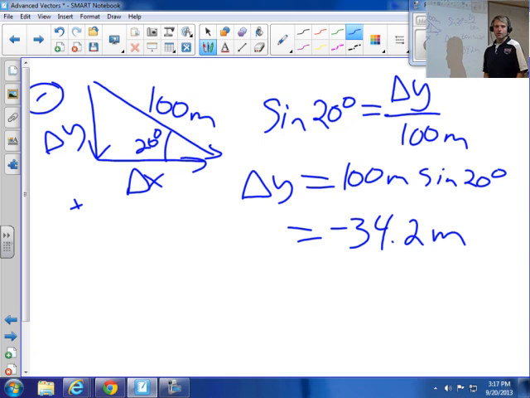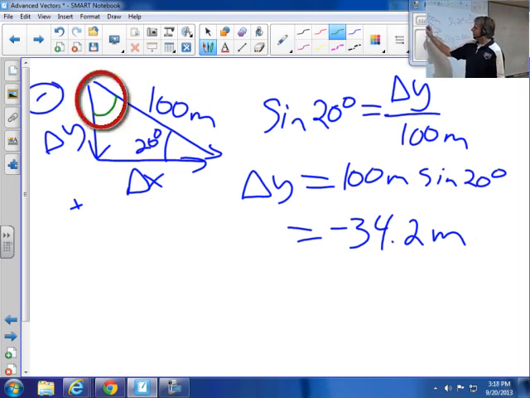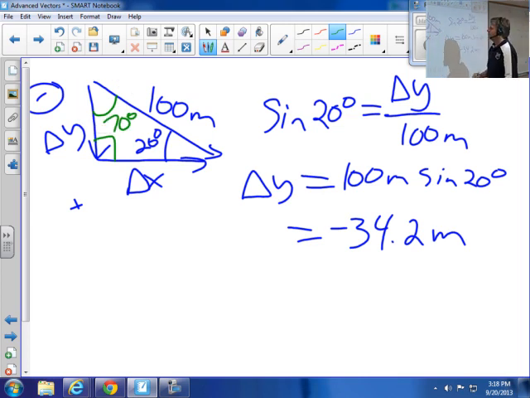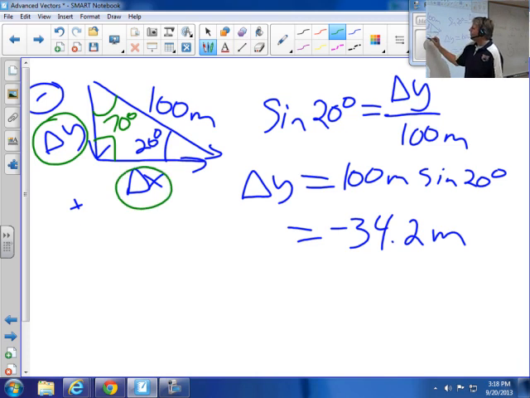How about the x displacement? Well, let's do something a little fun. Let's use this angle. If this is a right angle, this must be 70 degrees. I'm going to try that one out. Now that I know delta y, and I want delta x, I'm going to use opposite and adjacent.